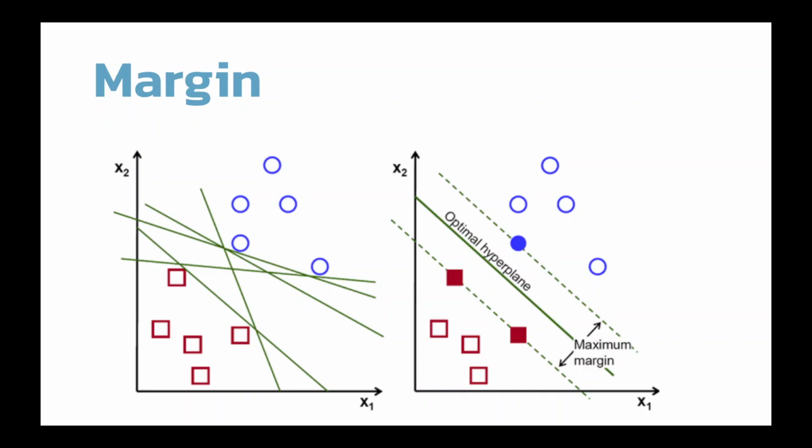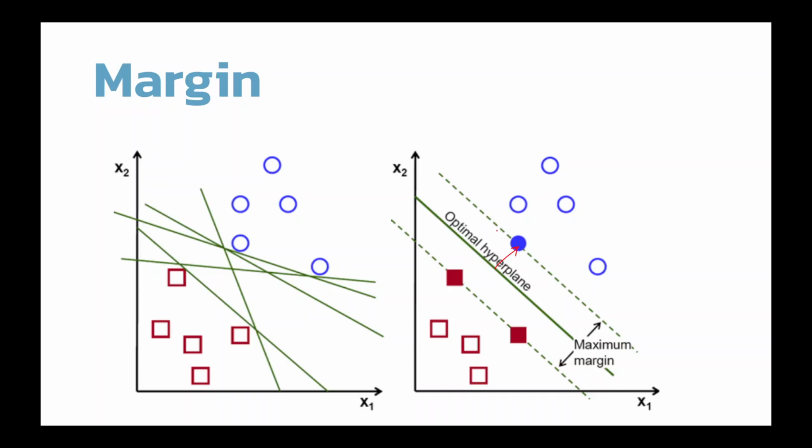But in a shorter way, it's about margin. Margin is something like this. If you were to draw a line that separates the different classes, the margin is the distance between your line and the closest sample of that class.